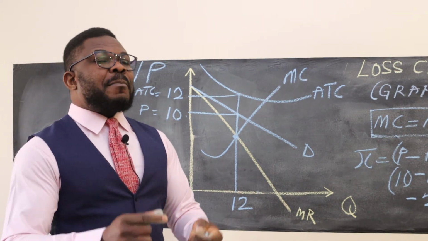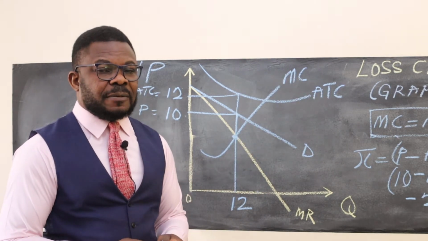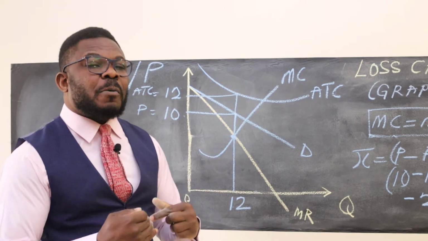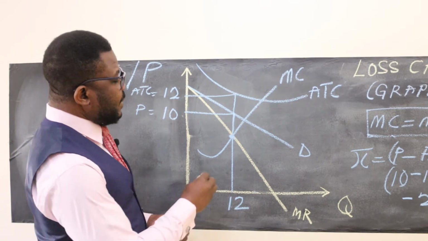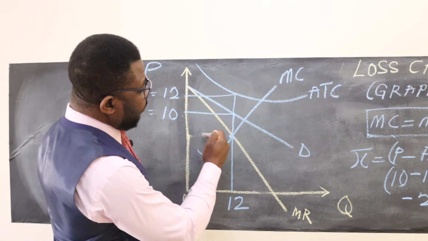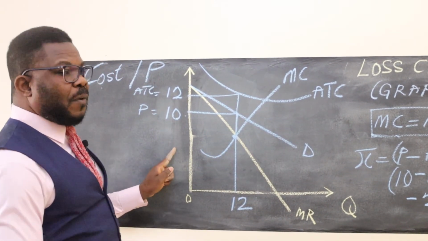Now, there's one more thing I would like to show you. Although this is not covered under this loss calculation, let's imagine that the ATC line was much lower than the price line. Let's assume there's an ATC line down here, and let's say the value for that is 4.